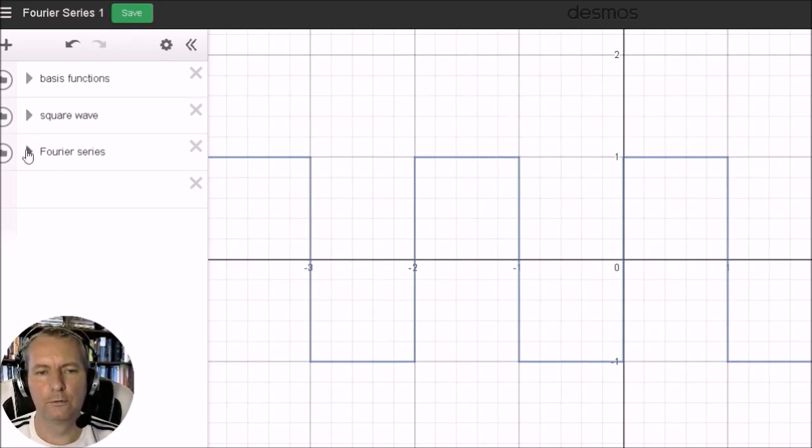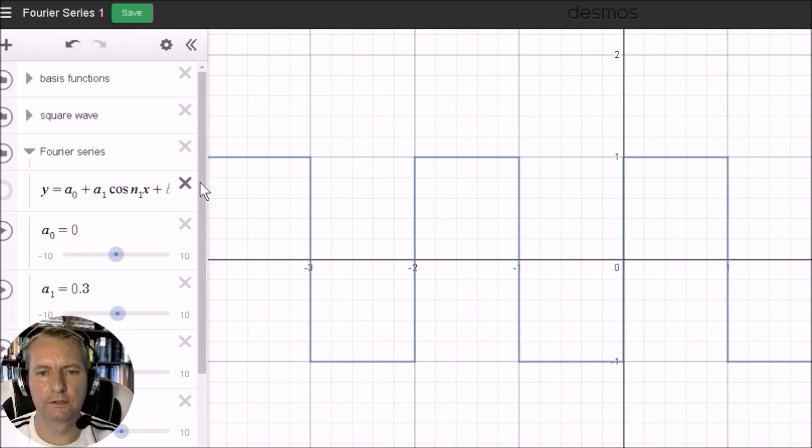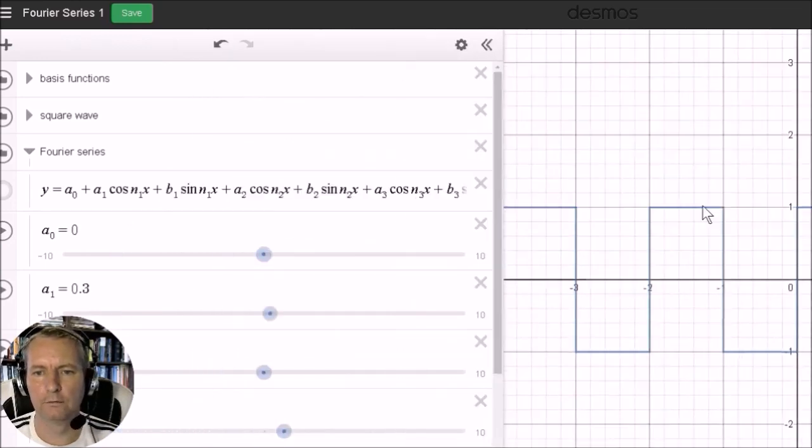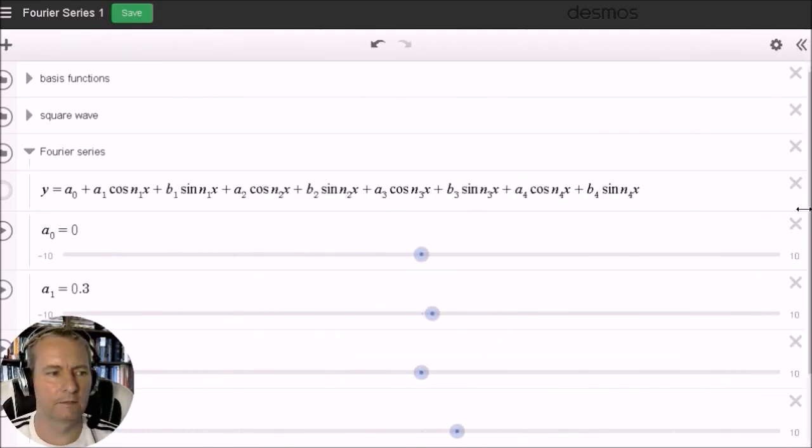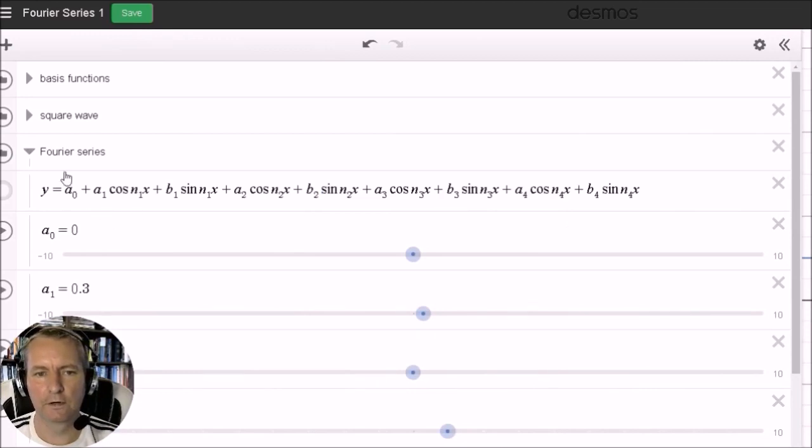I've actually drawn out the Fourier series. You click on the Fourier series there, and I've picked out the first 5 terms. So you can see here we've got an A0, and we've got our A1, B1, A2, B2, A3, B3, A4 and B4, and we've got our N1, N2, N3 and N4.